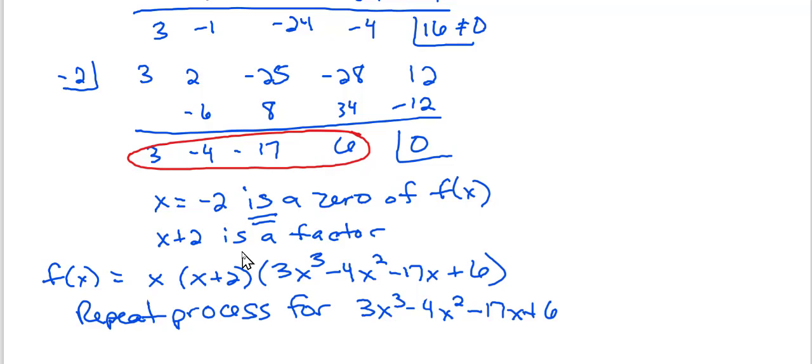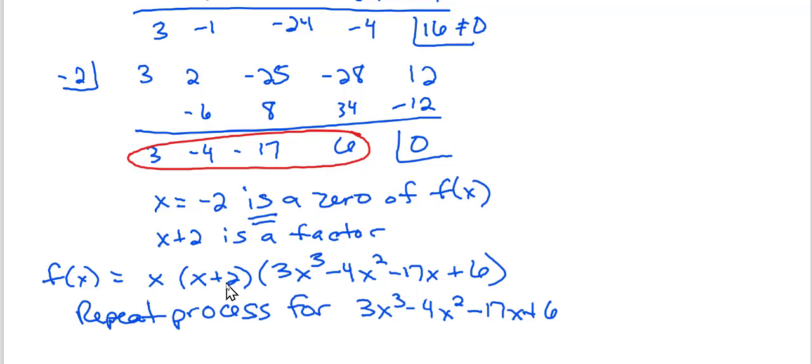One thing we do have to remember, though, is that the negative 2 could possibly work again if the multiplicity of that 0 is 2, right? So if it didn't work before, it can't work later.